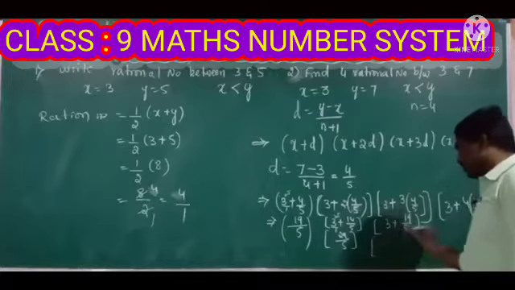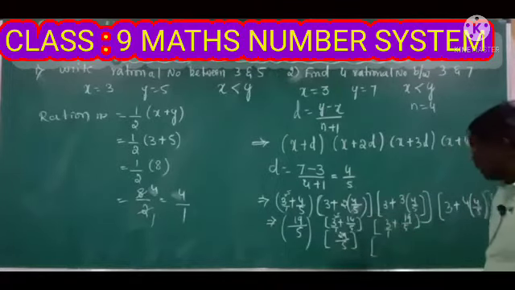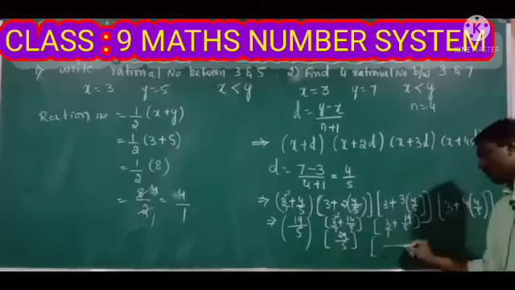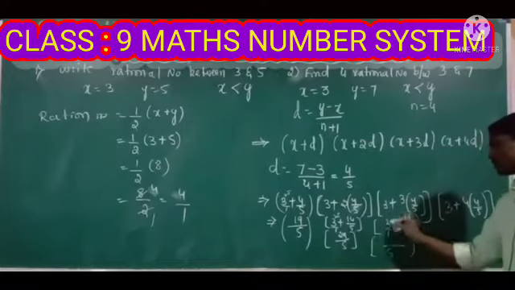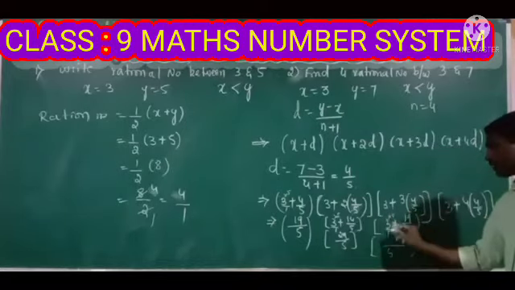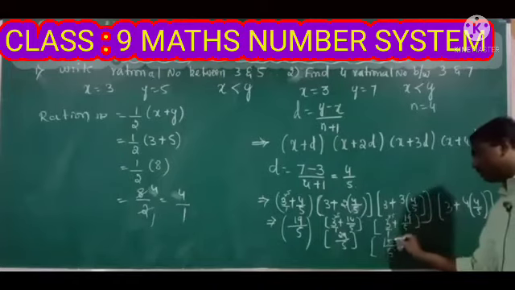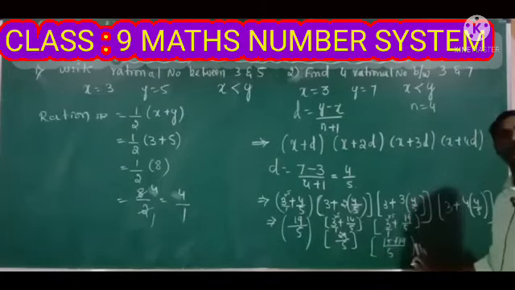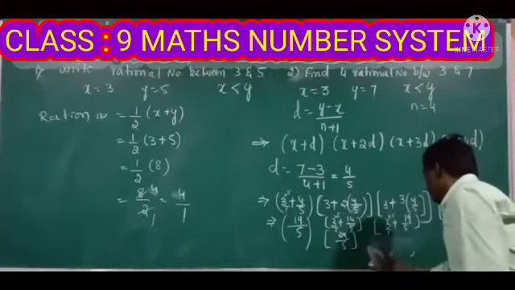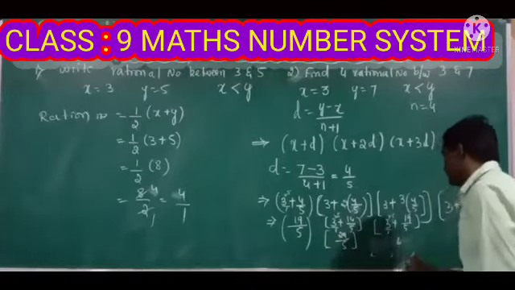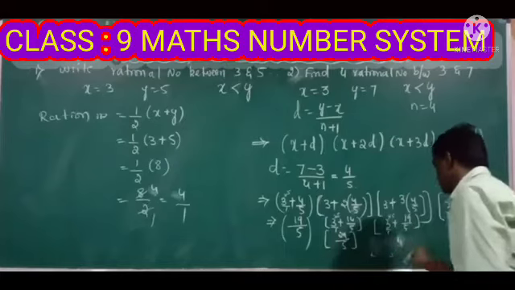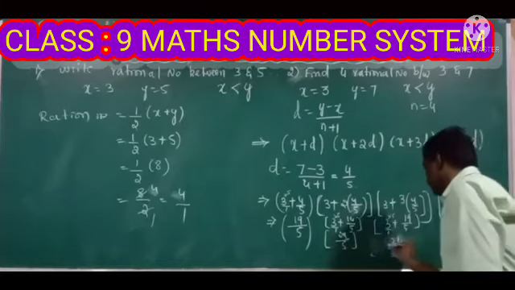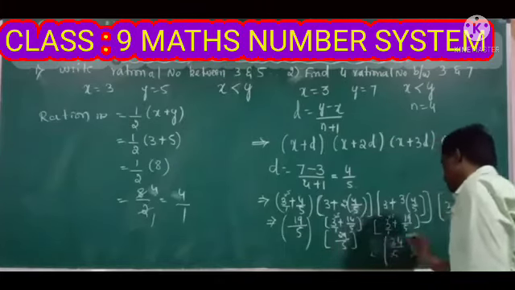Take the LCM of these two. The denominator is always 1, so 5 is the LCM, and I need to multiply 5 here. 5 times 3 is 15, 15 plus 19 is 34 by 5.